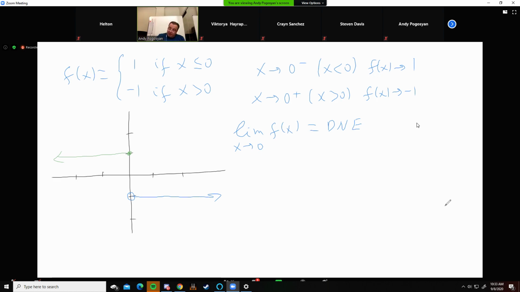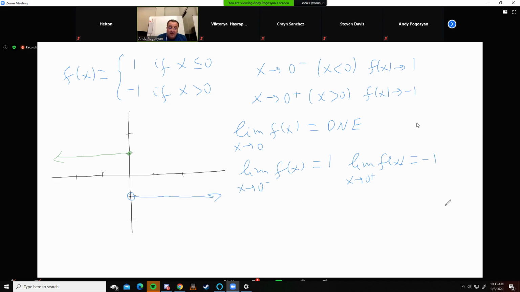Now, if we talk about one-sided limits, the limit of f of x as x approaches 0 from the left is 1. The limit of f of x as x approaches 0 from the right is negative 1.